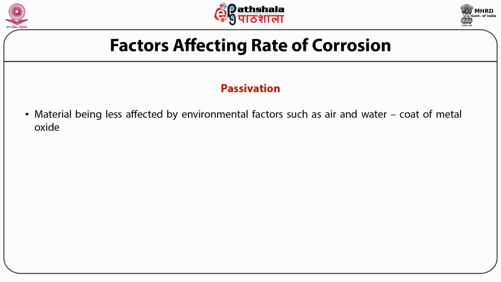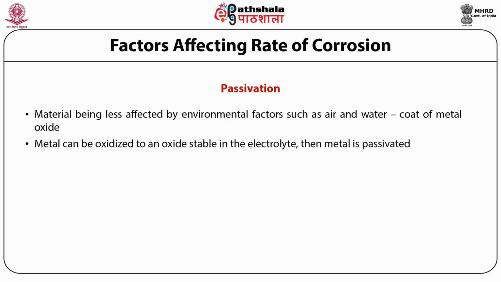As a technique, passivation is the use of a very light coat of a protective material such as metal oxide to create a shell against corrosion. If the metal can be oxidized to an oxide that is stable in the electrolyte, then the metal is called passivated.